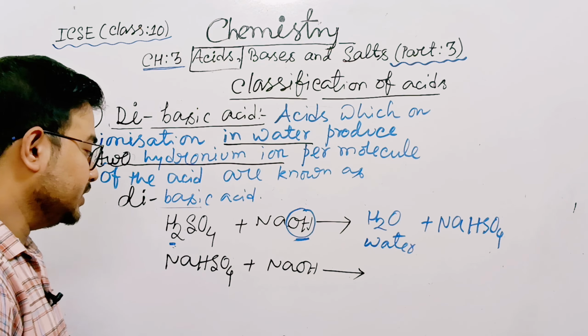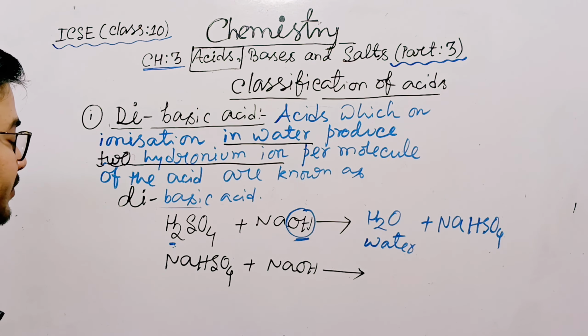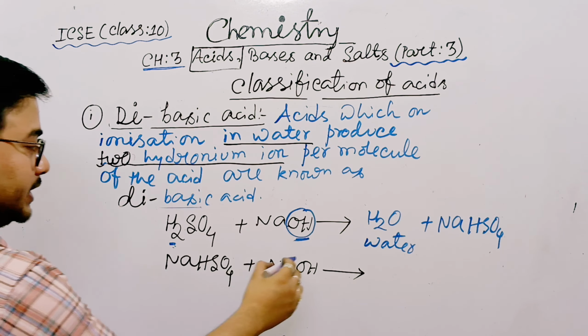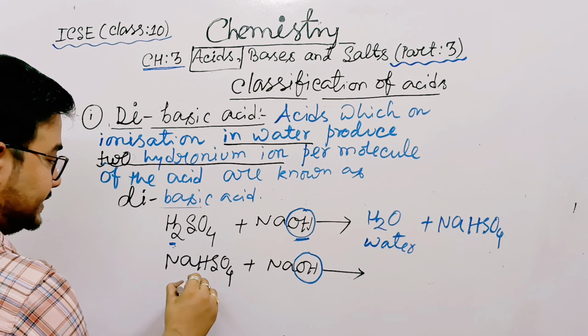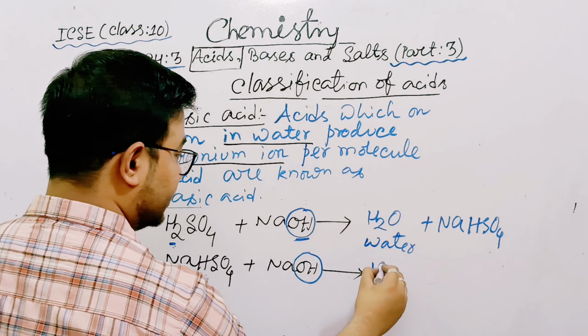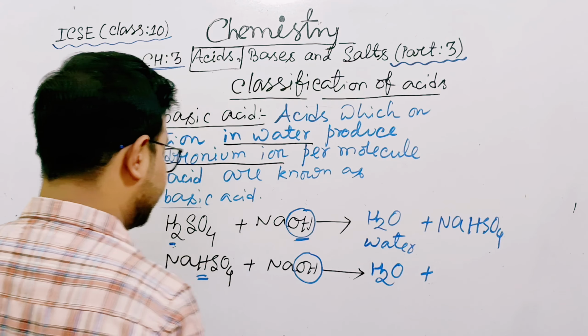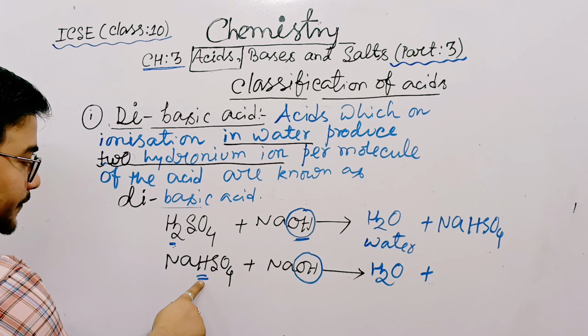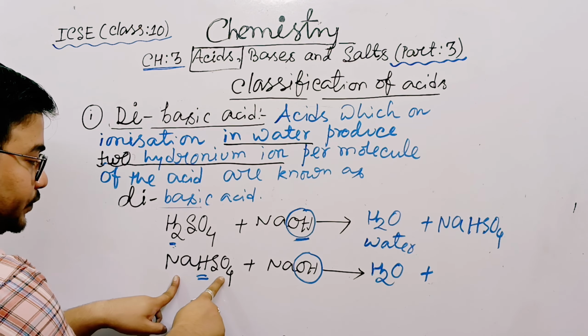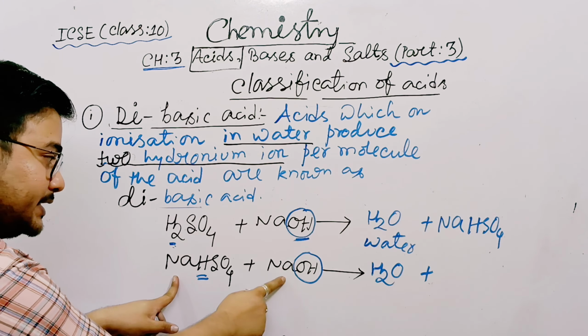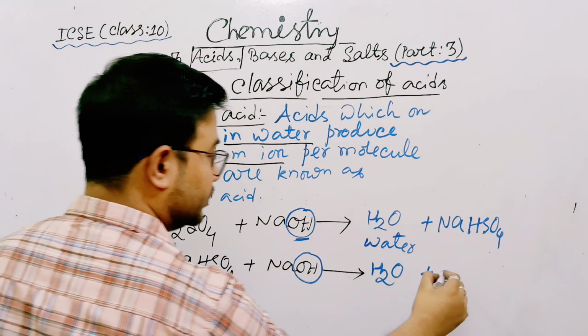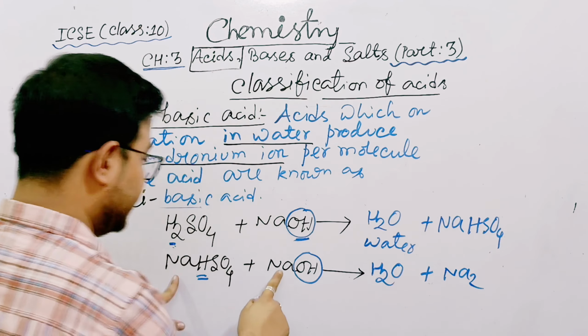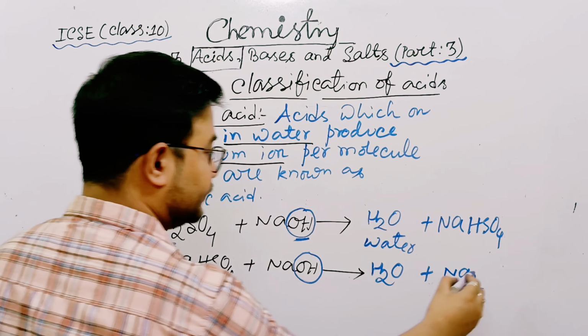Now again it will form water. So OH and take this H. So H and OH, water. Now which one is left? Tell me. After taking this H, NaSO4 is left, and here also another Na. So Na2 and this SO4.